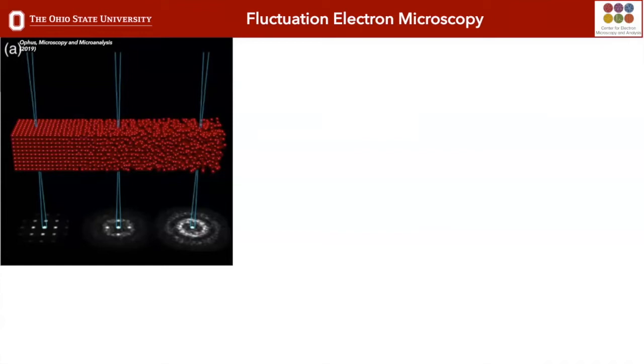And that becomes extremely powerful because what we like in STEM and what we're trying to do is scan our probe over the sample and collect some type of data, spectra, diffraction pattern that we can post-process later and get more information out of. And we can do that now with diffraction patterns. So as you see in this image, we have spot diffraction patterns as the beam goes through this sample.